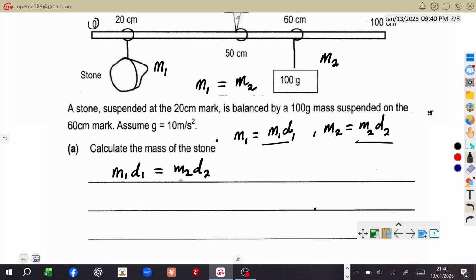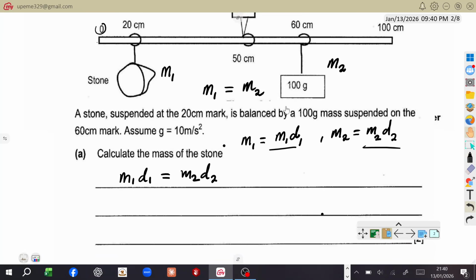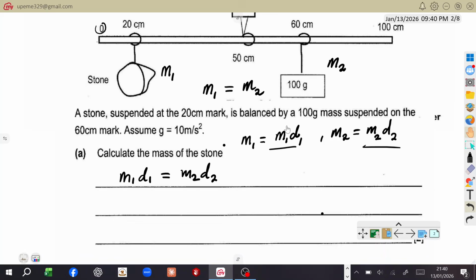Okay, so now it is your duty to begin identifying what is m1, what is d1, what is m2, what is d2. Let me clear this. This one will become m2. Its distance from here to where it is hanging from, this one becomes the pivot.